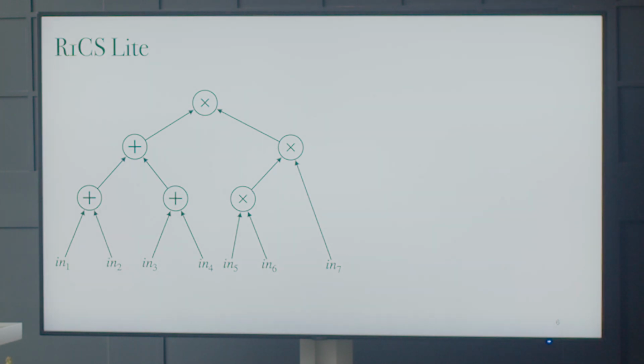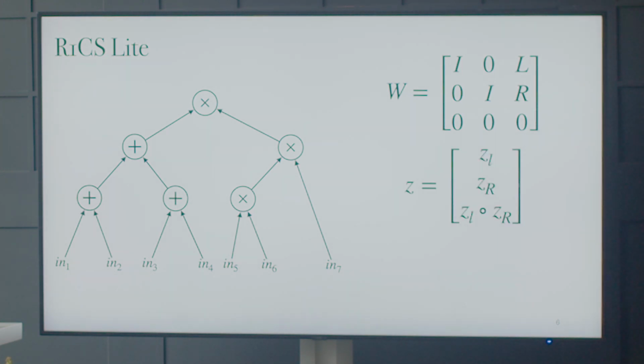Similarly to R1CS, we have an arithmetic circuit with multiplication and addition gates, and this circuit is described in some matrix W. We also have a vector Z, which is built out of 3 subvectors: ZL, ZR, and the vector ZL · ZR, which is the pointwise multiplication between ZL and ZR.